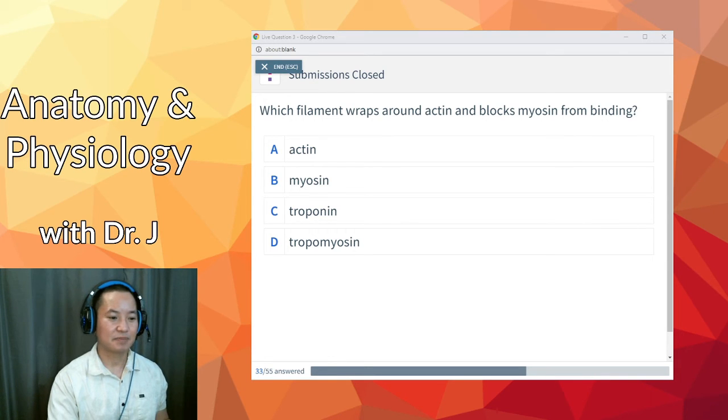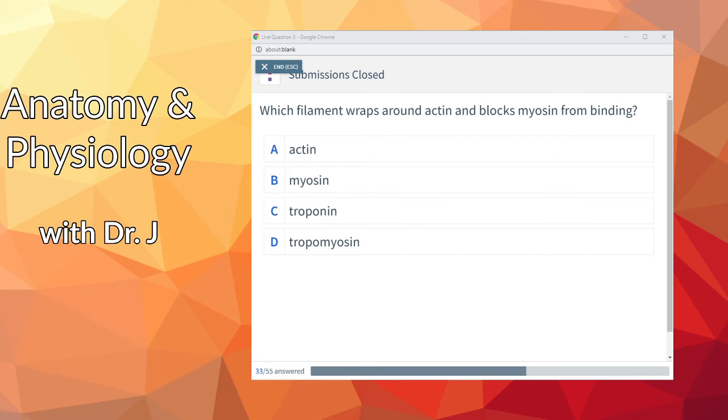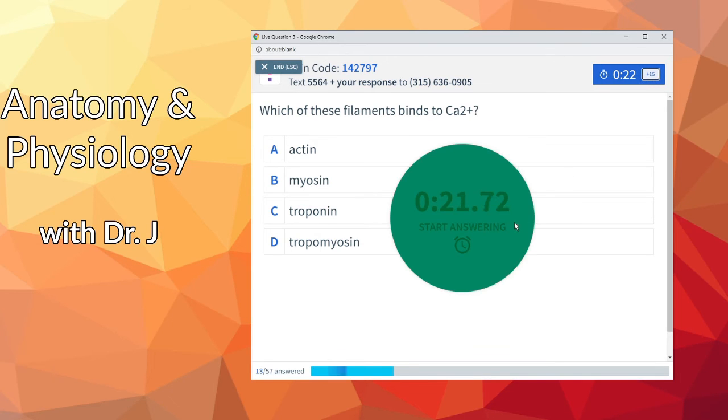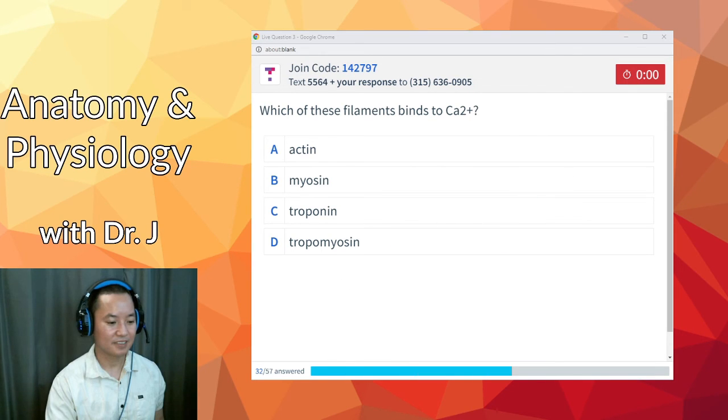So which of these filaments binds to calcium? Actually, I should say proteins. Which of these proteins binds to calcium? I'm kind of giving you a hint there. Okay, so most of you said troponin, and most of you are correct.